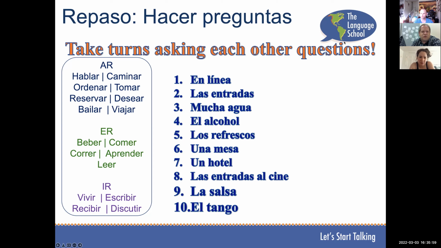Let's see. ¿Tú tomas los refrescos? Sí, yo tomo los refrescos. ¿Tú reservas una mesa?